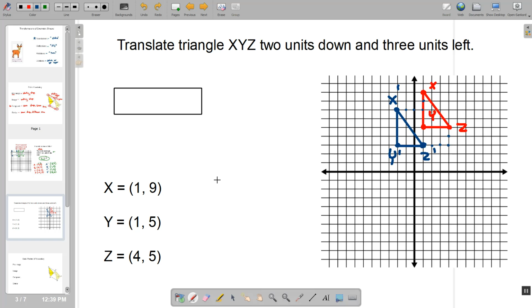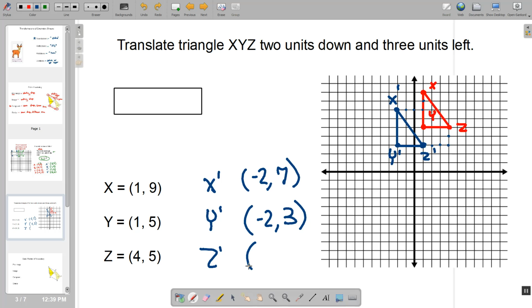Actually, let's do it in blue just to make it not confusing. X prime is -2 and then up 1, 2, 3, 4, 5, 6, 7. So that's -2, comma 7. Our Y prime is -2 and then up 3. And finally, our Z prime is +1, +3.